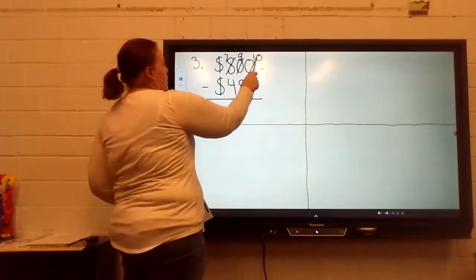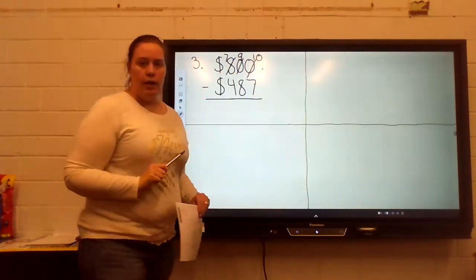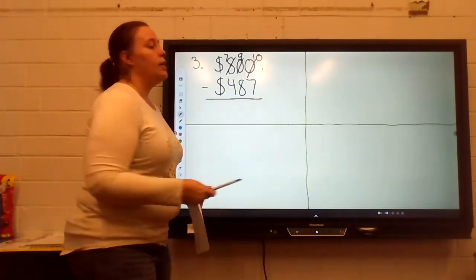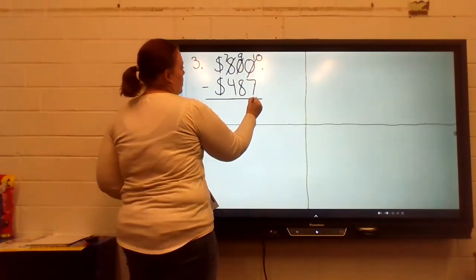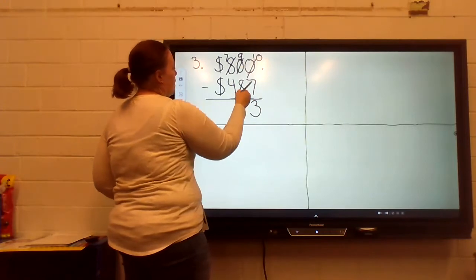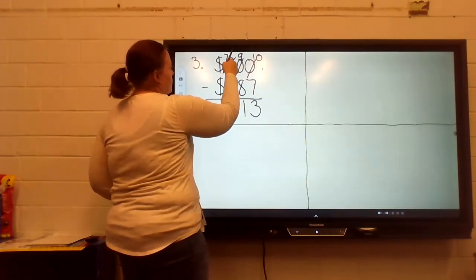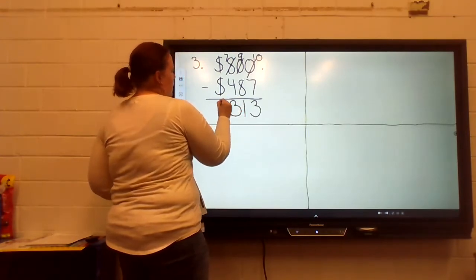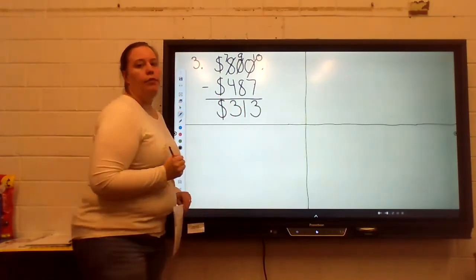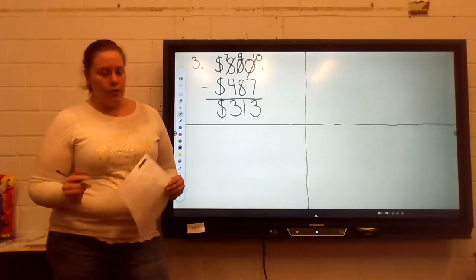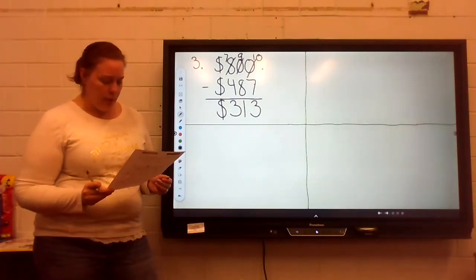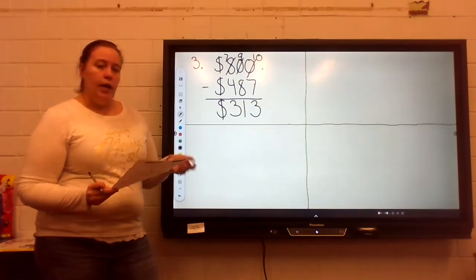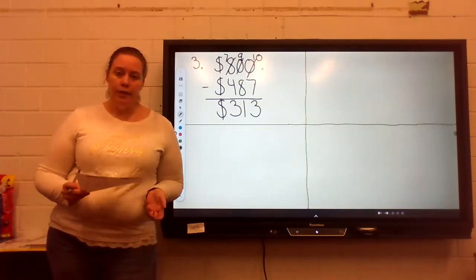So you should have 10, 9, and 7 as your top number, and then you can subtract. So 10 minus 7 is 3, 9 minus 8 is 1, and 7 minus 4 is 3. So you should end up with a total of $313.